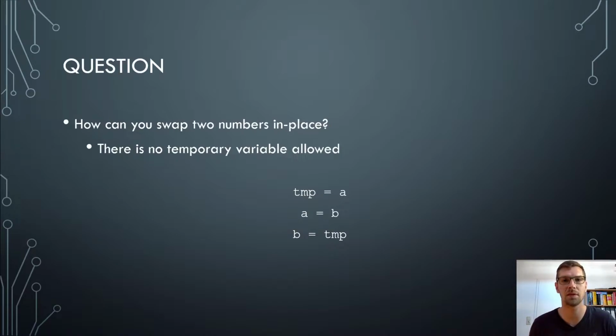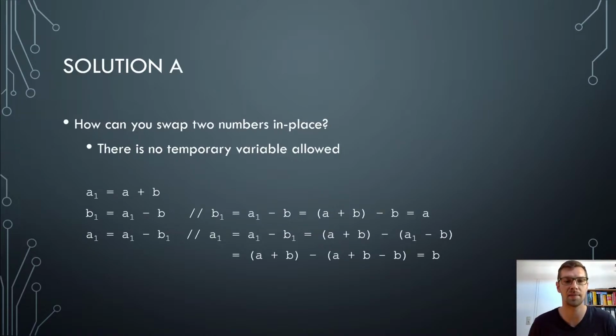So if we want to do that in place, we have solution A, where we say a equals a plus b. Then we say b equals a minus b, and we say a1 equals a minus b in the end. If we remove all the ones, that is simply a helper to illustrate it.